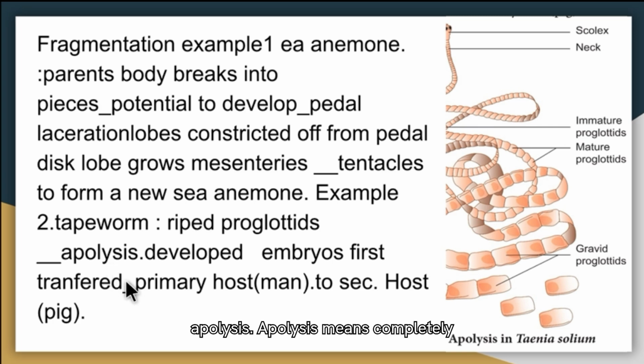That is called the apolysis. Apolysis means completely separate, but the segments have the capacity to reproduce. A piece of the body can develop into one animal, that is called the fragmentation. Here, the primary host is the man, the secondary host is the pig.